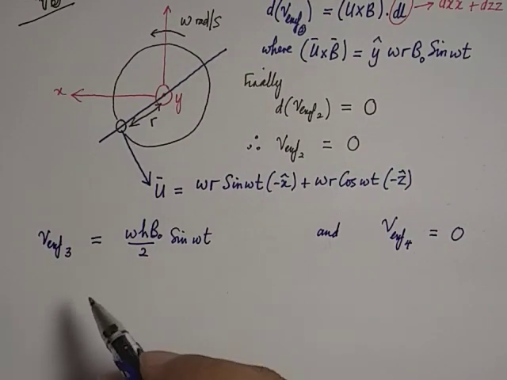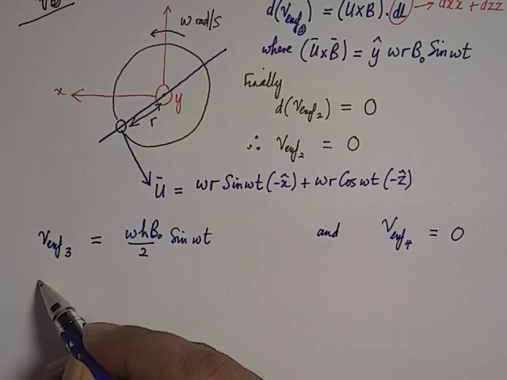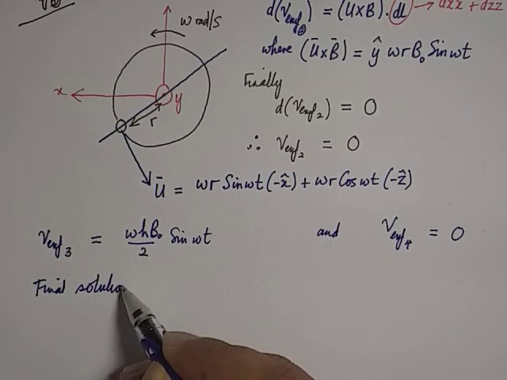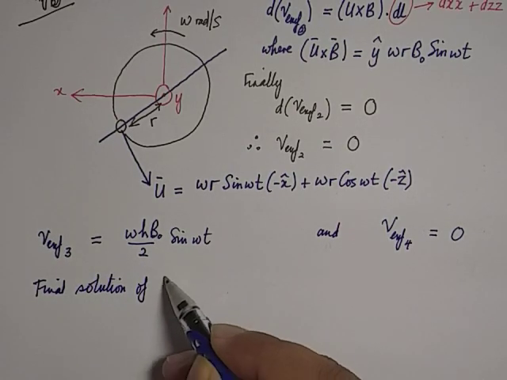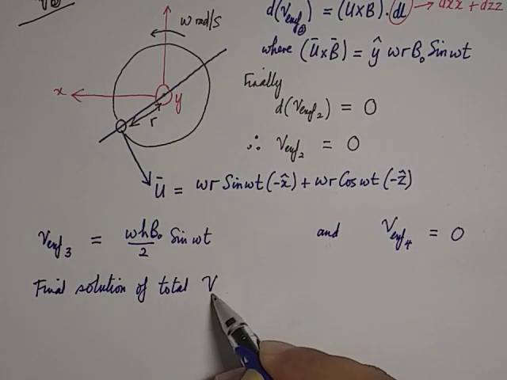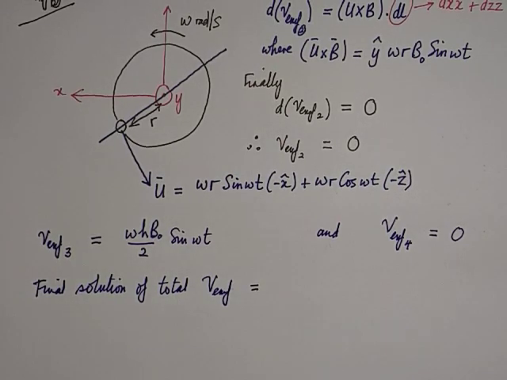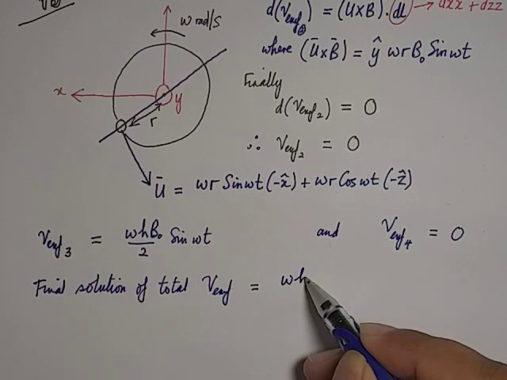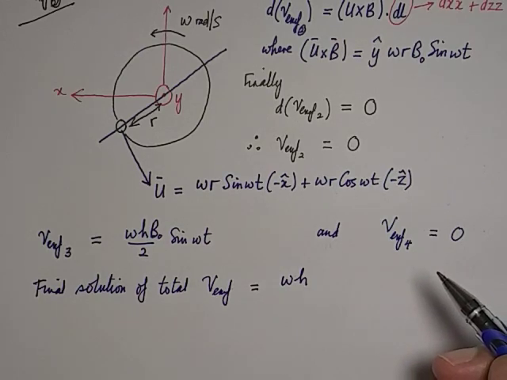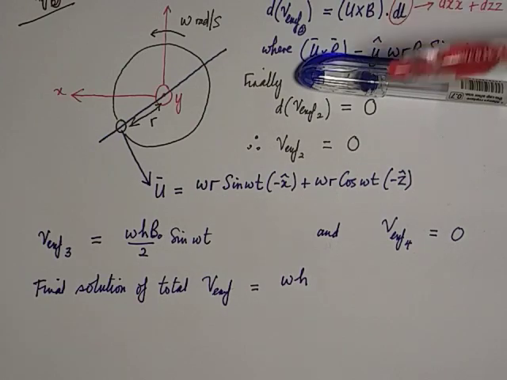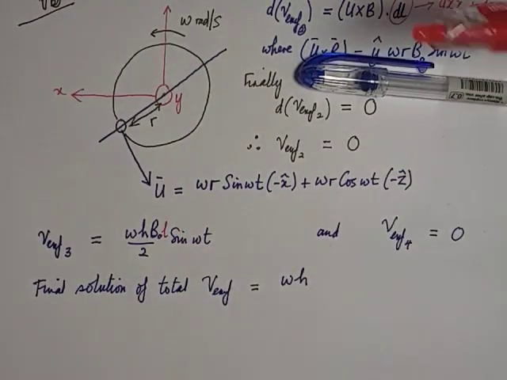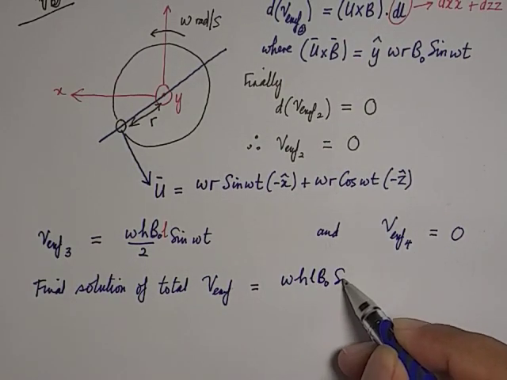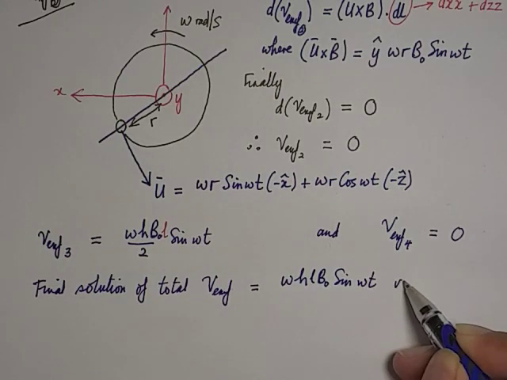So our final solution for the total V EMF, you have to sum all together, is going to be omega H, I missed the L somewhere, yes, this should be L here, because you have to integrate from 0 to L, L B naught sine omega t volts.